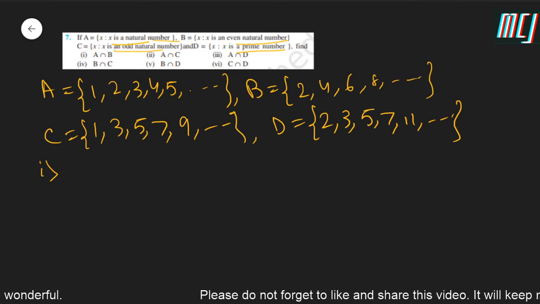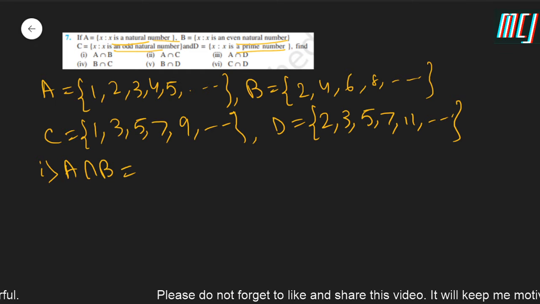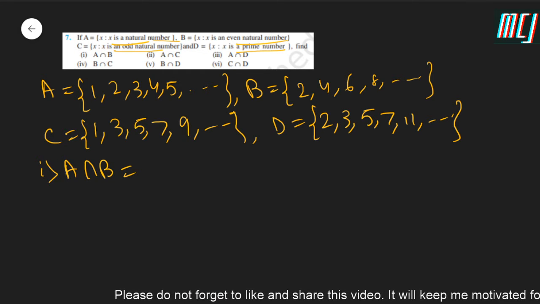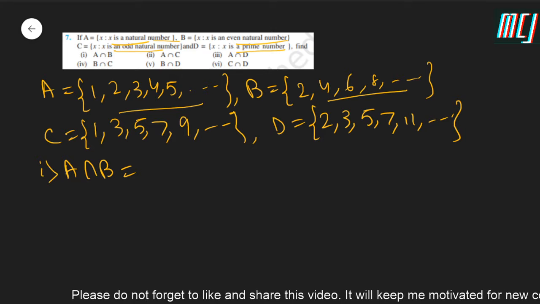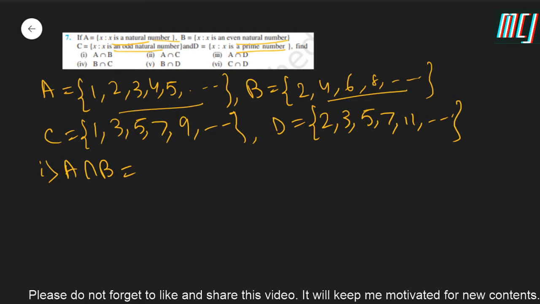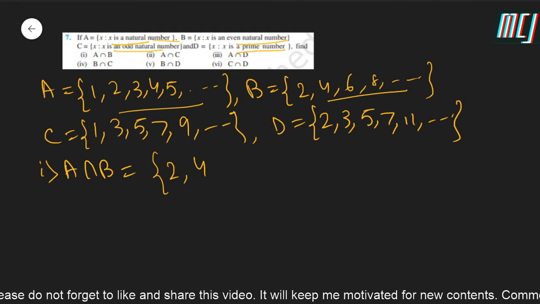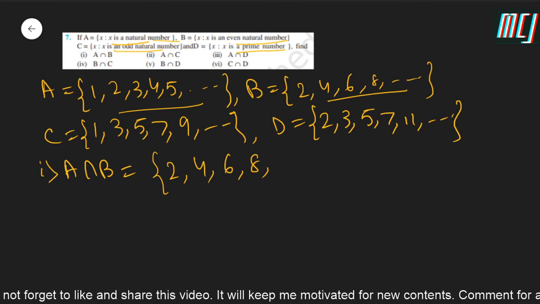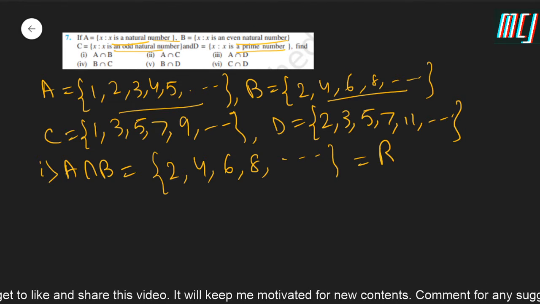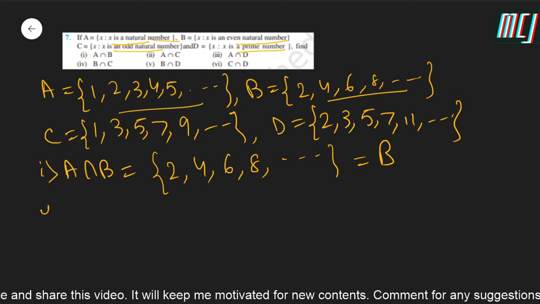Now the first question, A intersection B. So here all natural numbers are there and B only the even natural numbers. So intersection will be the even terms only. So this is equal to B. Clear?